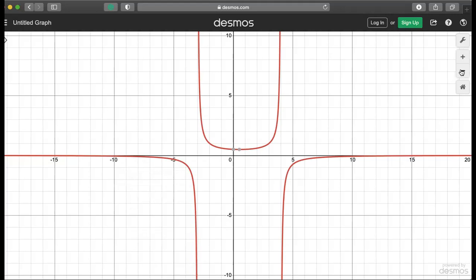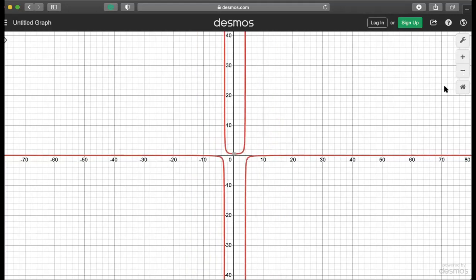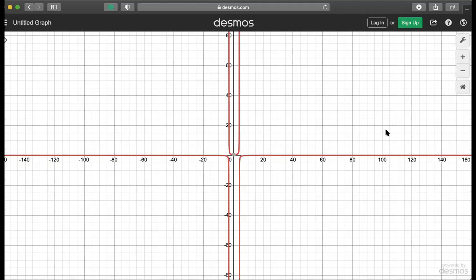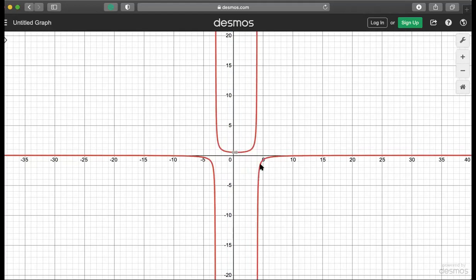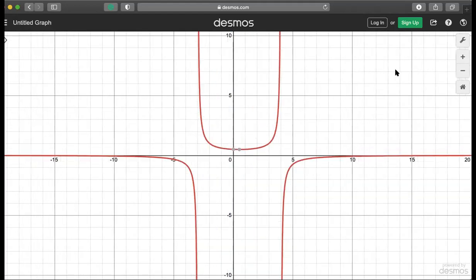So if I zoom out, you can see that this is happening here. And then you can see on this side that, remember we had a vertical asymptote at 4. So as x approaches 4 from the right, we're going towards -infinity.